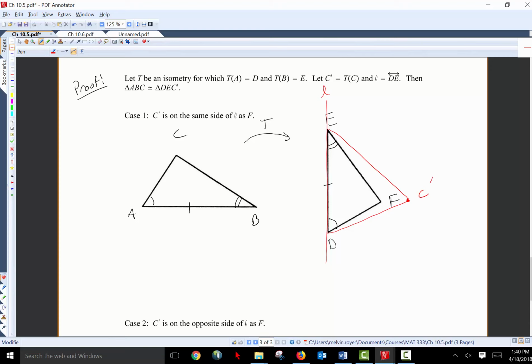The C prime really has to be point F. So we know that isometries take a triangle to a congruent triangle. So if T takes this triangle to the red congruent triangle, then DEC prime really is congruent to ABC, and now I'm trying to show that DEC prime is really DEF.